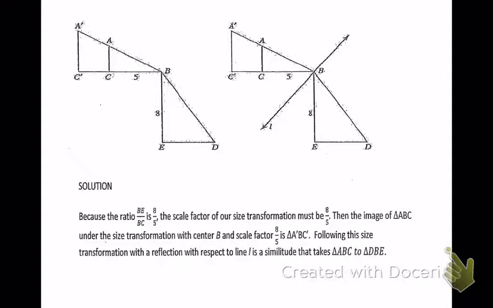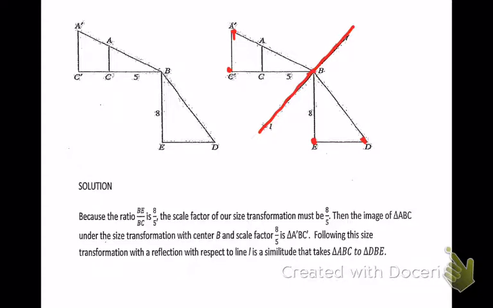Right? Now, once we transform the size first, to get down to DBE, we would have to reflect with respect to this line L. We would draw in this line of reflection, and then this point reflects here, this point reflects here, and that stays the same.